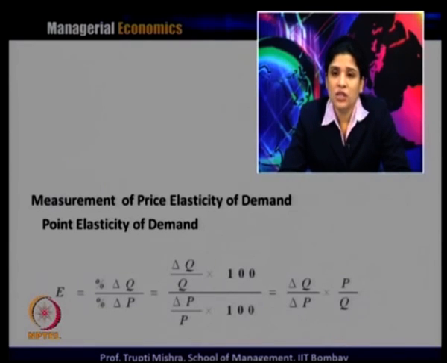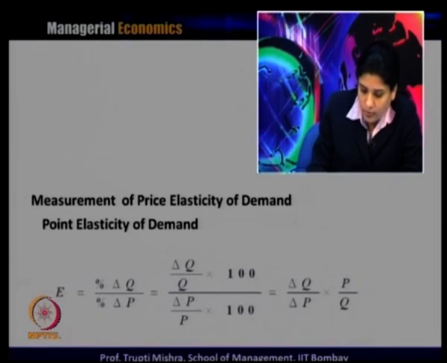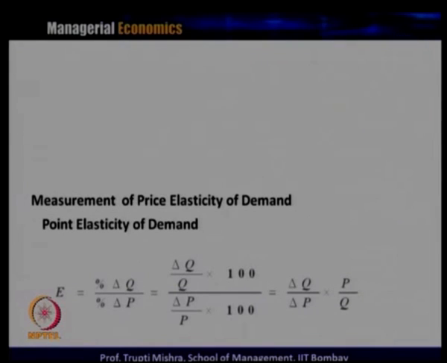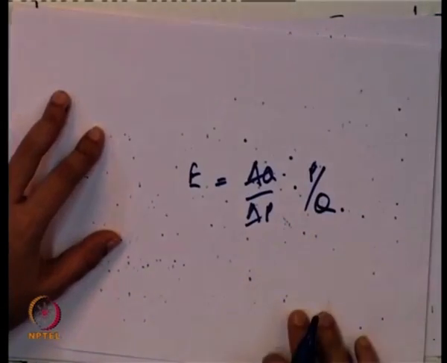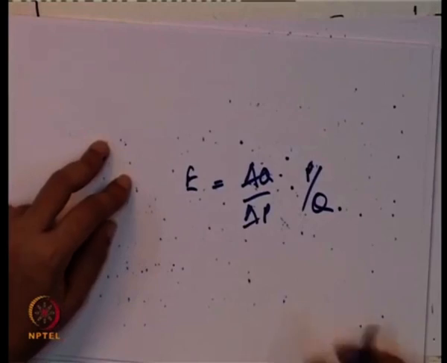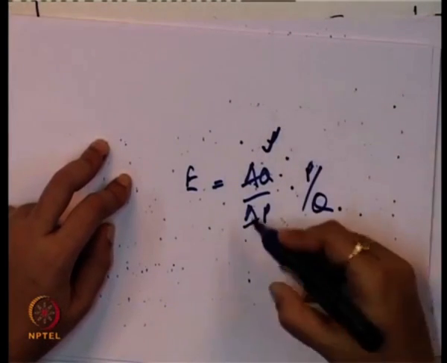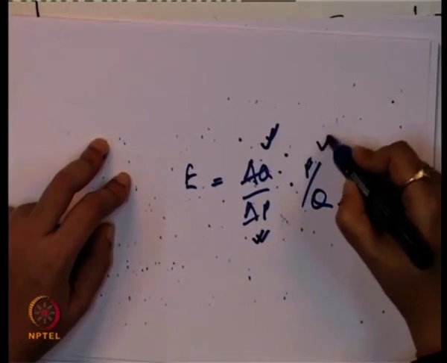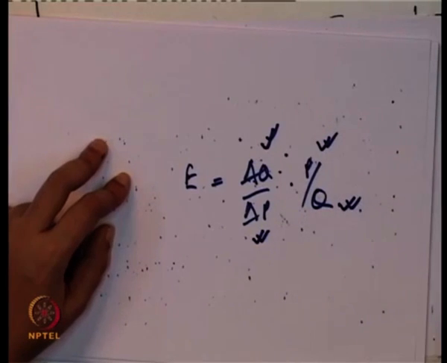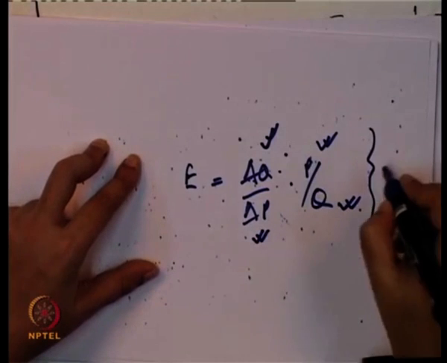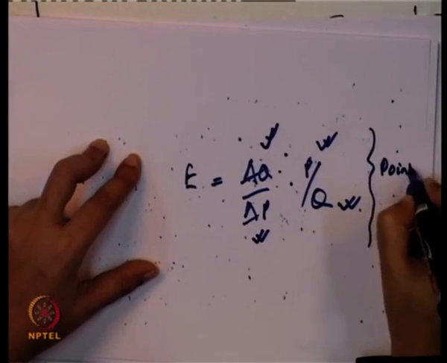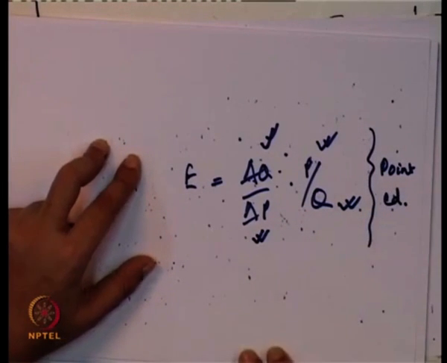If you simplify this, we get a formula where E is equal to del Q by del P multiplied by P by Q. So, this is the change in the quantity demanded, this is the change in the price, this is the original price, this is the original quantity demanded. This is the formula we use when we calculate the point elasticity of demand.